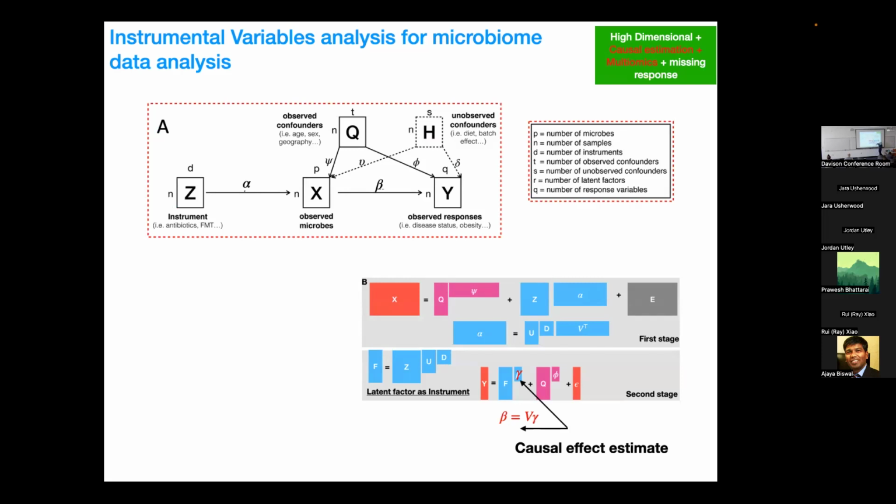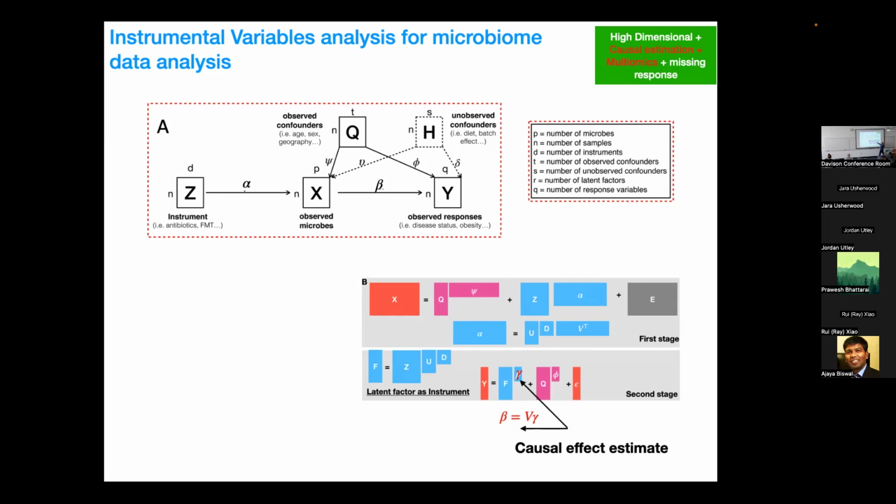A good way to estimate beta is using two-stage least squares. Given the high dimensionality issue, we replaced the first stage with the factor model, where we regress X on Z, but now write the coefficient matrix in terms of the low rank and sparse coefficient matrix, as we did earlier.